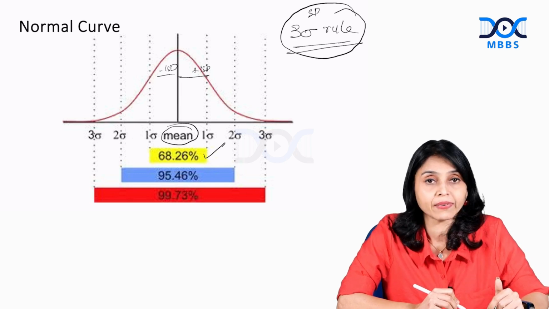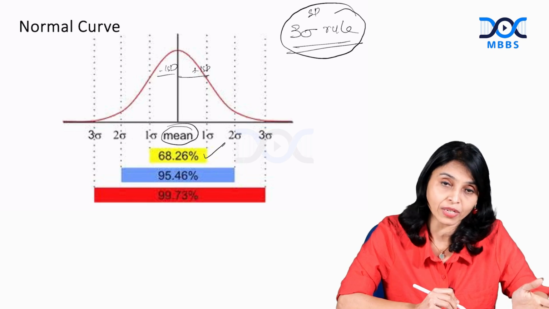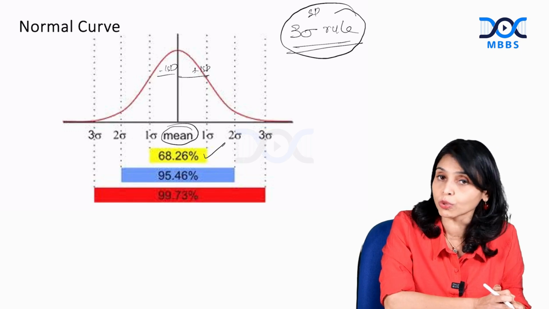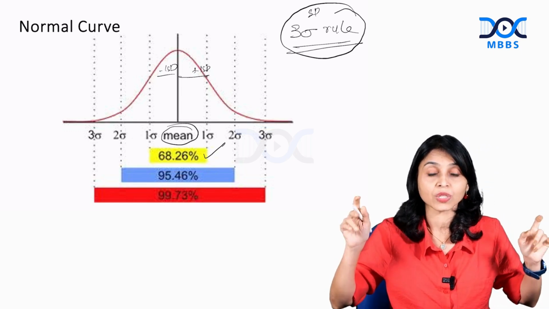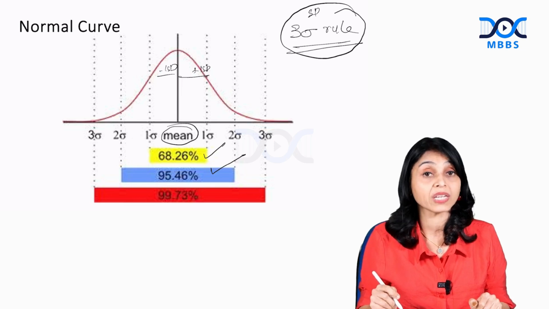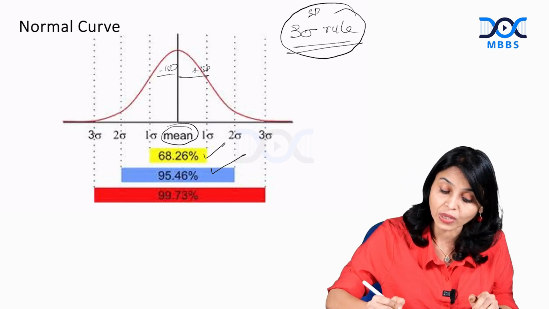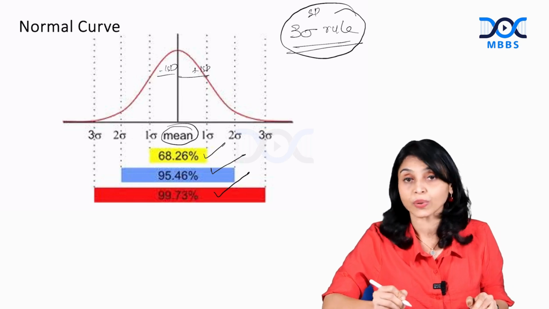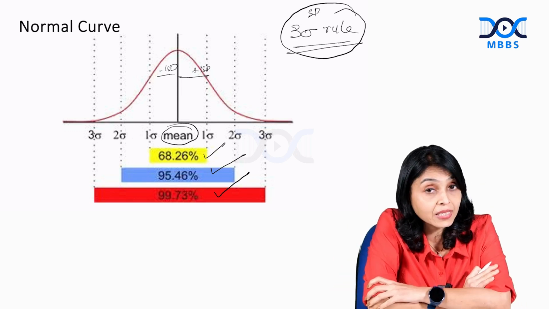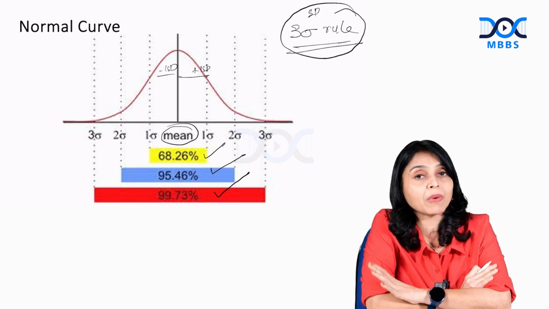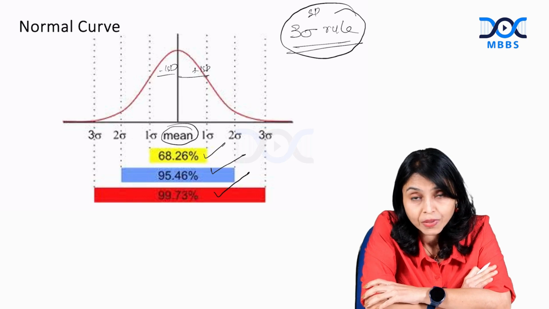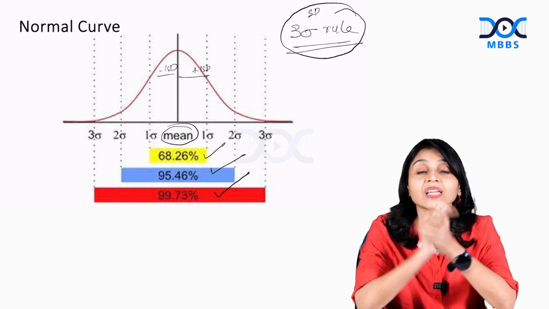If you go for 2 standard deviations, mean plus 2 and minus 2, that means you add 2 standard deviations to the mean and subtract 2 standard deviations from the mean, you will get a range which will include 95.46% of values in your data set. And if you go for 3 standard deviations, plus 3 minus 3, that will include 99.73% of values in your data set. Is it clear? This is known as the 3 sigma rule. And I'm going to apply this 3 sigma rule to my 1000 males which I have taken from city X to describe the height.